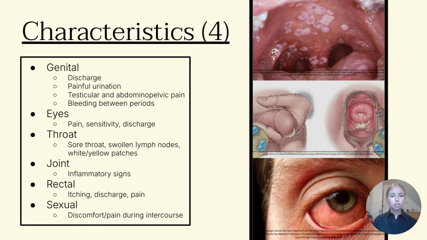Underneath of this image, we are able to see abnormal discharges between both the male and the female. On the left, we are seeing discharge from the penis, while on the right, we are seeing an abnormal discharge from the cervix of a female. Underneath of this image, we are able to see that gonorrhea has infected this individual's eye. Here, they are met with a significant amount of redness.